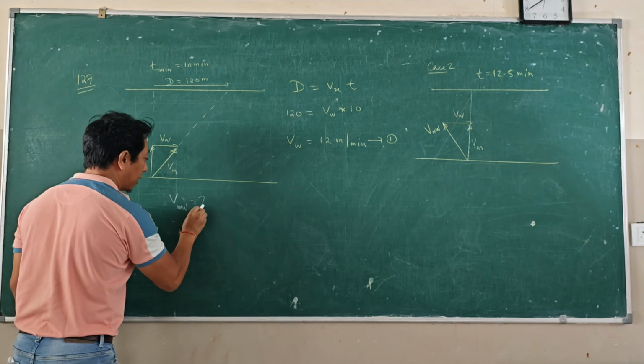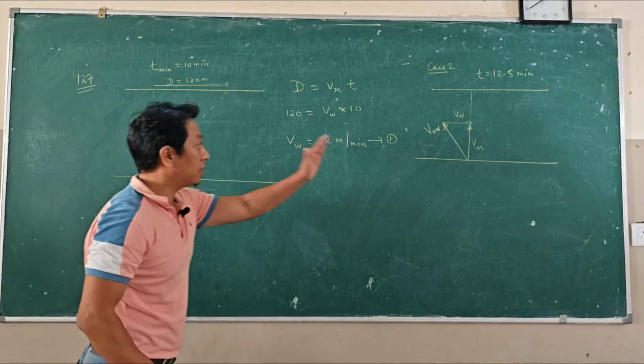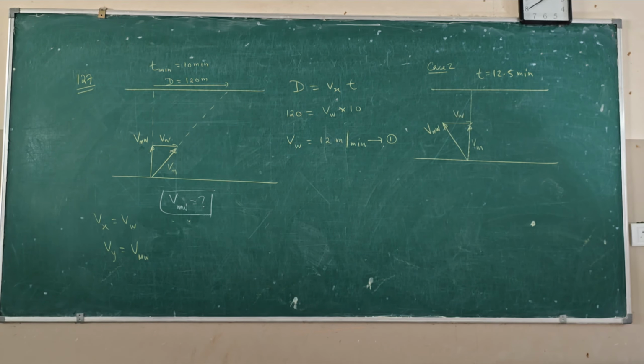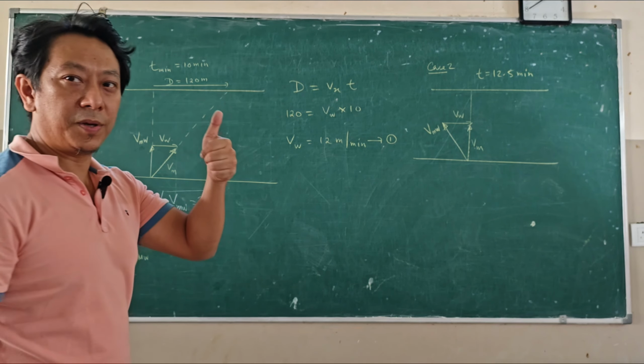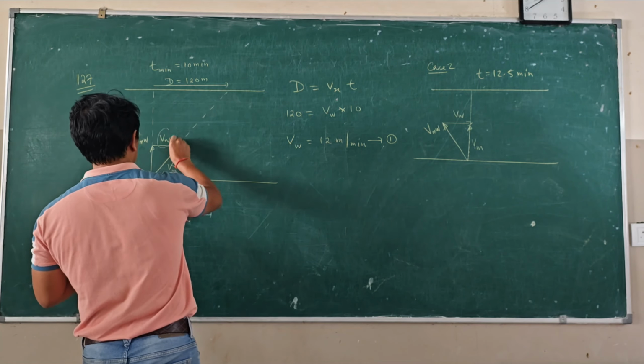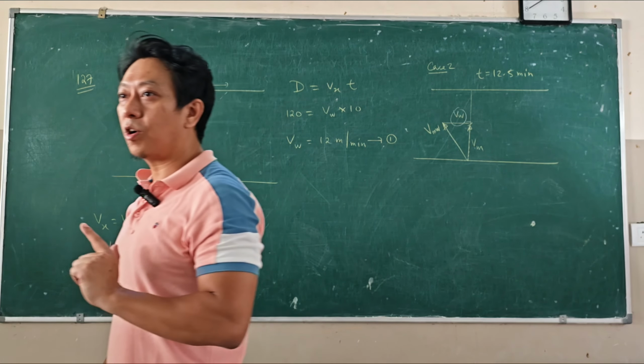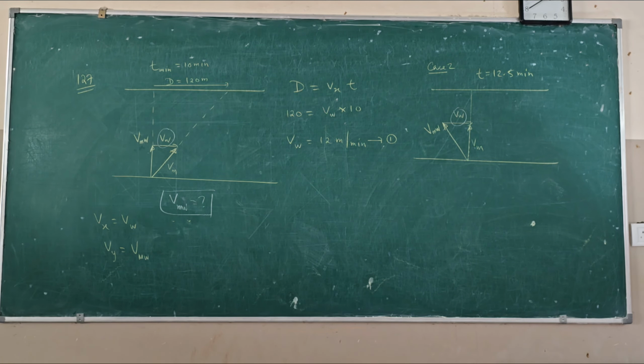Now students, tell me one thing. In these two cases, which velocities are the same? Vw will be the same. The river velocity you cannot change. What else will be the same or not the same? What about Vmw? Same boat or same man?